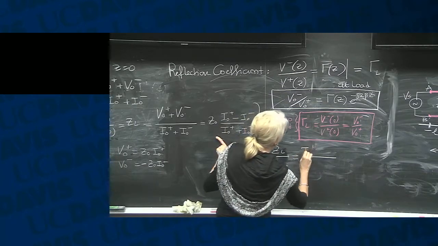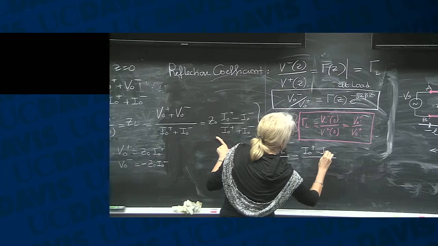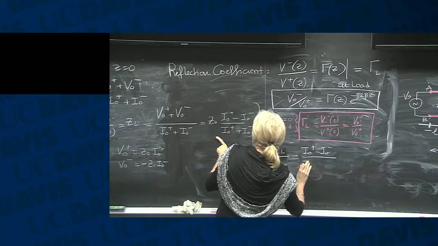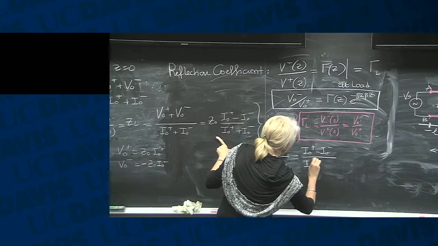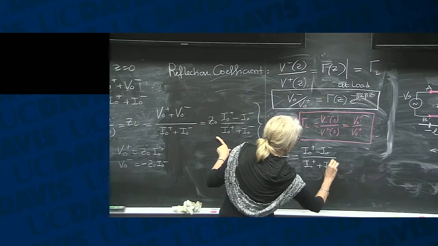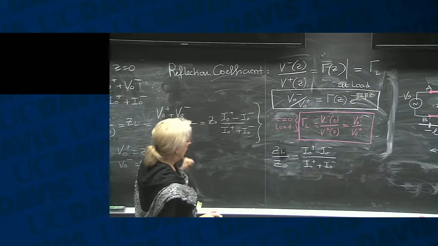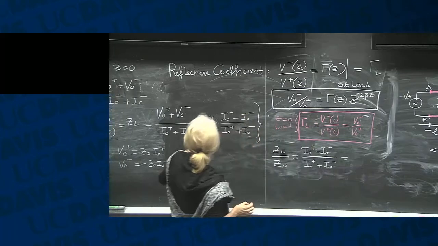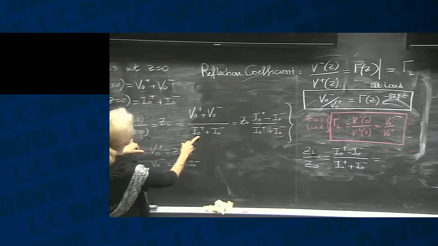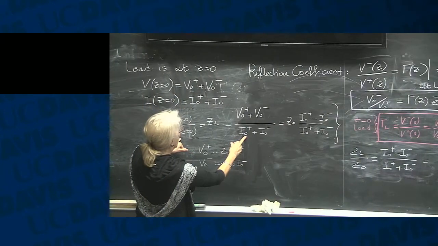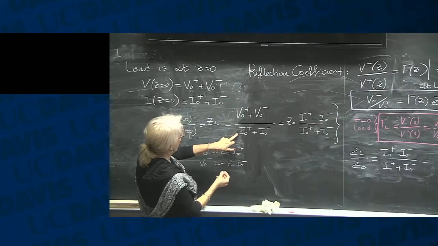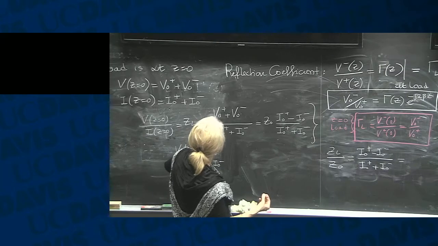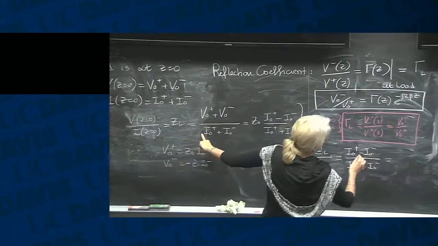It was I0 plus minus I0 minus and I0 plus plus I0 minus. I also could have replaced this with V's, and I could have done this in terms of V naught.